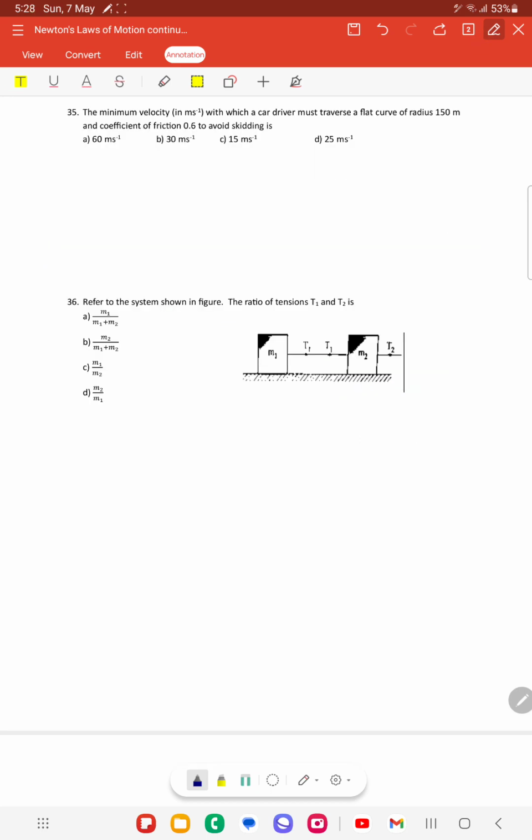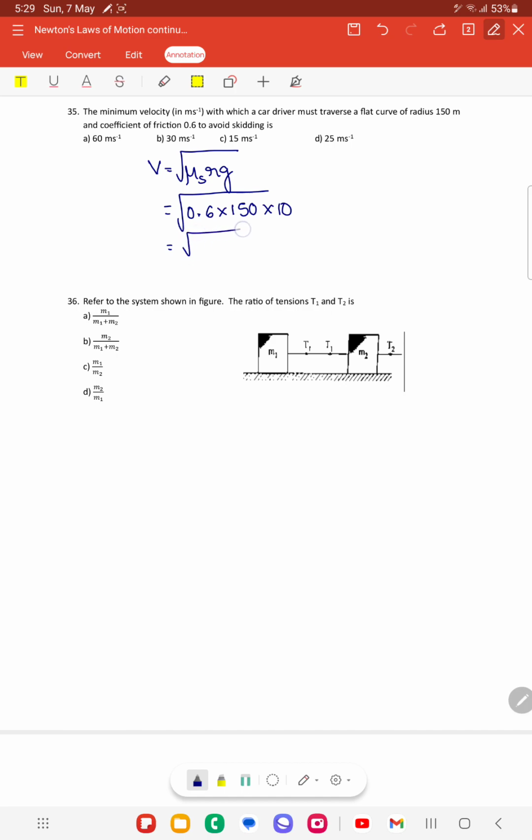Question number 35. The minimum velocity with which a driver must traverse a flat curve of radius 150 meter and coefficient of friction 0.6 to avoid skidding is. So without a banking, we have v is equal to square root of mu s into rg. Substituting the values, we have 0.6, r is 150 meter, into 10.